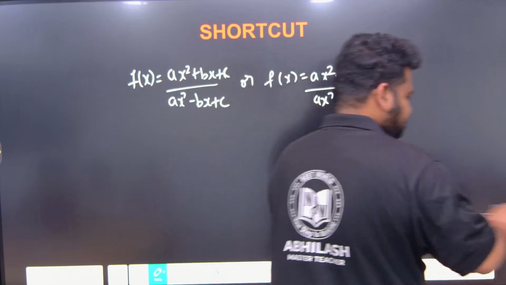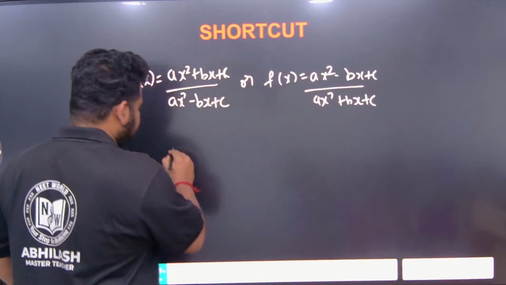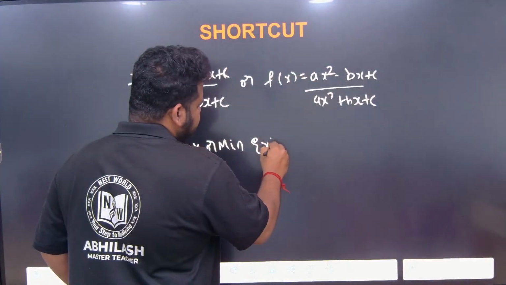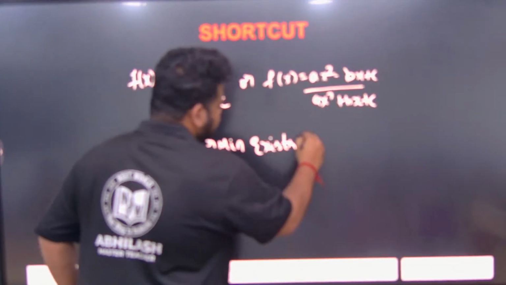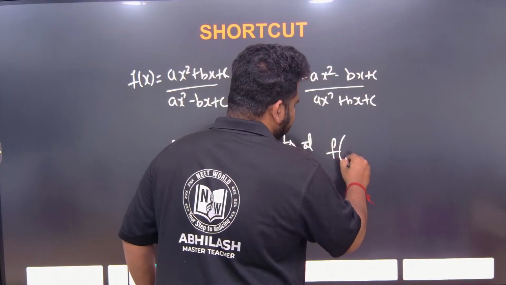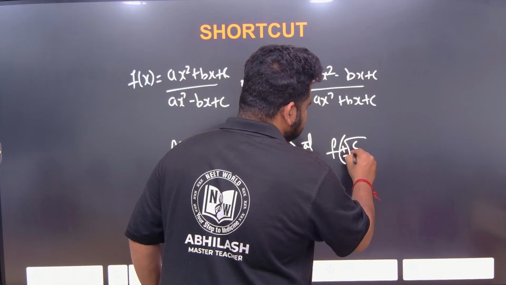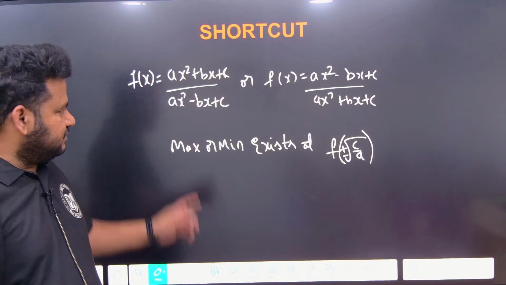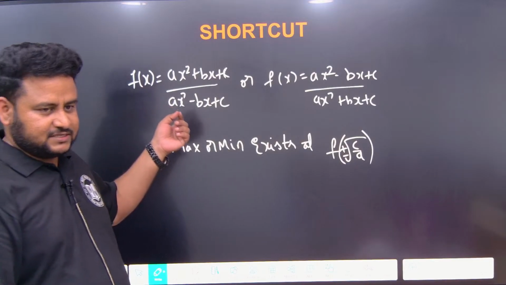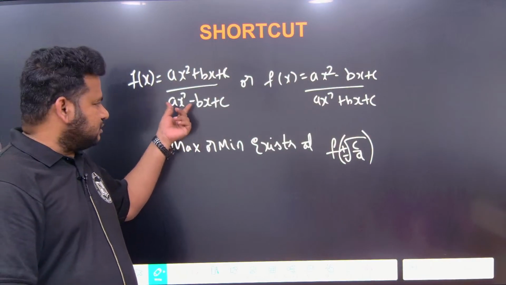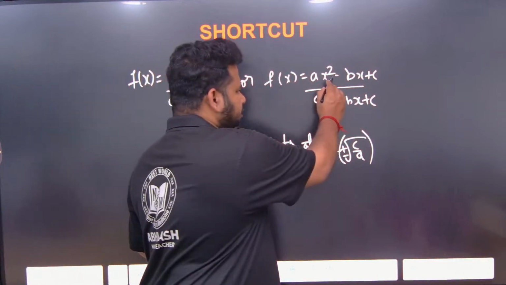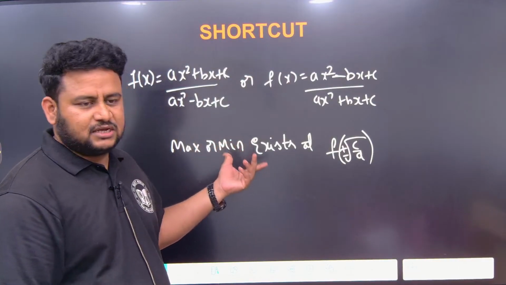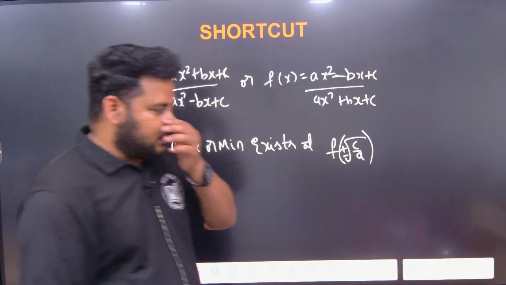If they give it like this, for this function maxima or minima exists at x equal to plus or minus square root of c by a. The coefficients should be the same. If minus is coming above, below plus should come. So you don't have to use the normal method, you can use the shortcut method and get the answer. Please focus on the class.